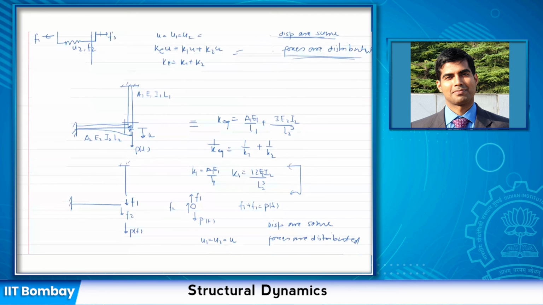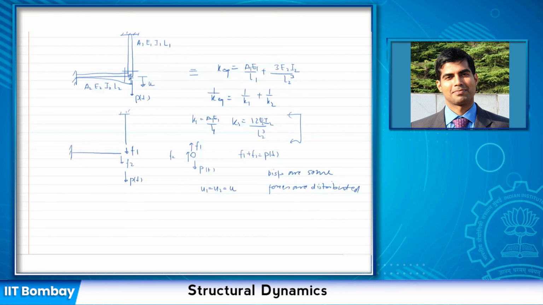In any case, even if you don't go by this rule, you can just consider the free body diagram and find that out. For example, in this case, you can directly say that F1 plus F2 is equal to PT, where F1 would be A1 E1 by L1 times U1, plus the second spring term times U2, and this should be equal to PT.